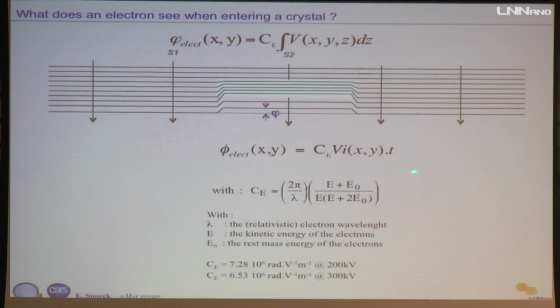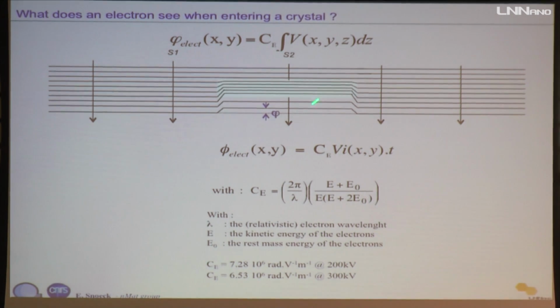Which is similar to when you have an optical beam passing through a transparent material, then you have this index of refraction, the n, which is just the ratio between the speed of light in the vacuum and in the material. In terms of electrons it is the same, but this index is the mean inner potential.